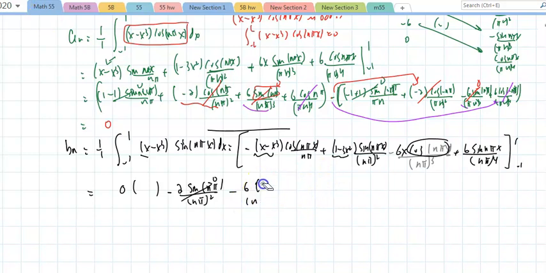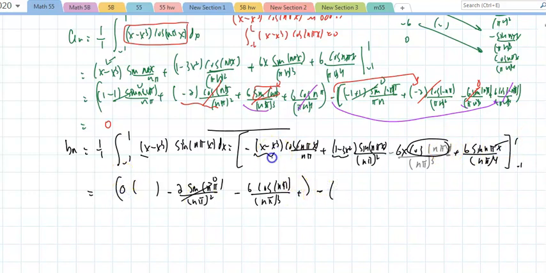Or maybe 2 steps will do, don't want to throw you off, minus 6 the cosine of n pi over n pi cubed, plus, when you put the 1 in there, that's a 0.